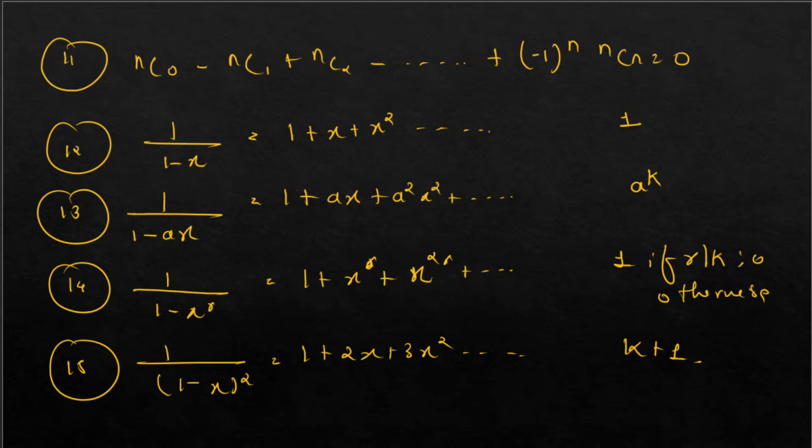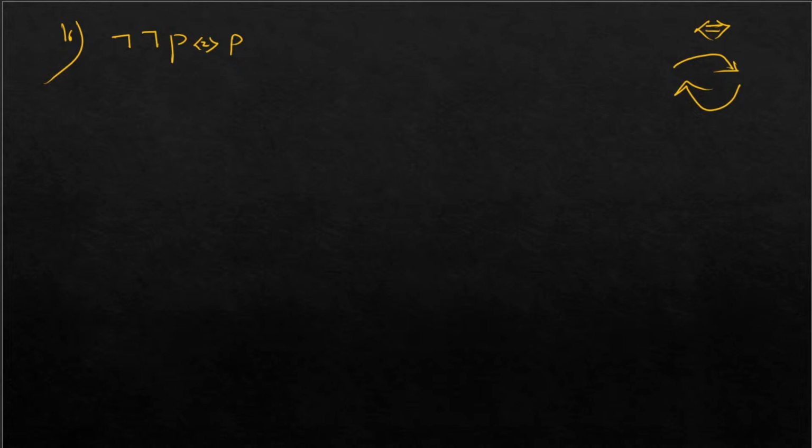In the laws of logic, negation of negation p is nothing but p. This is the equivalence symbol, which means from here to here it is true, and from here to here also, both are the same. So this is the equivalence symbol.